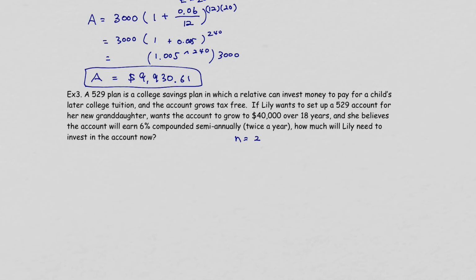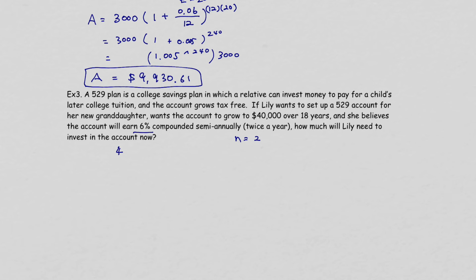And how much does Lily need to invest in the account now, right? So in order to make 40,000 after 18 years with a rate of 6% compounded semi-annually, how much does she need to start with? So basically this is asking what will be the principal, right?